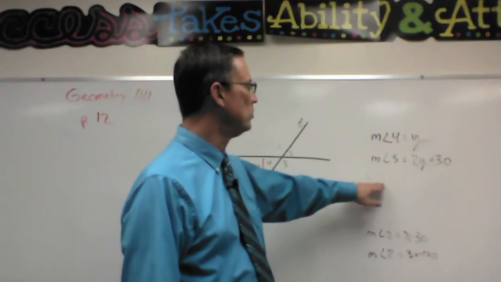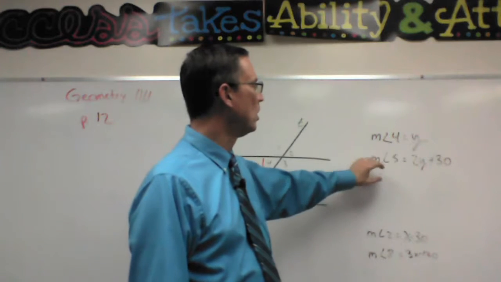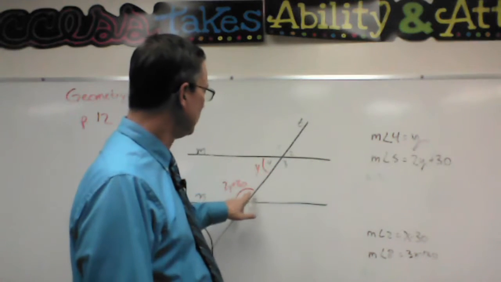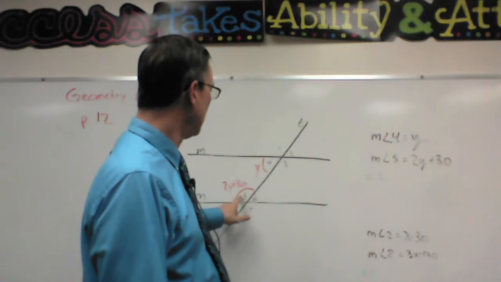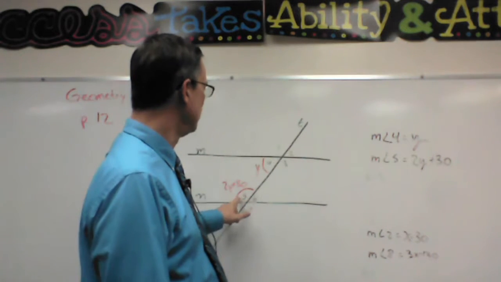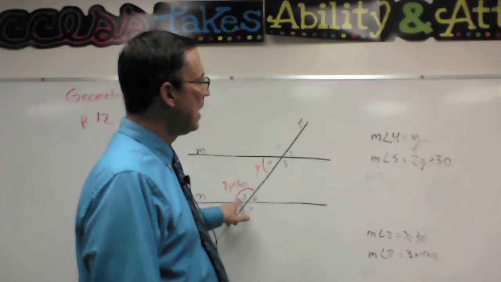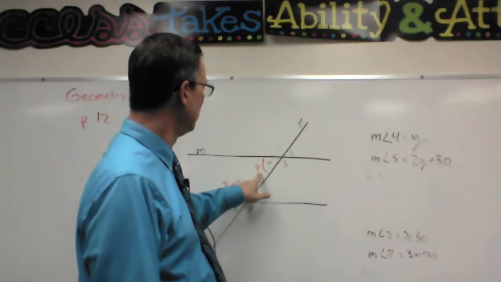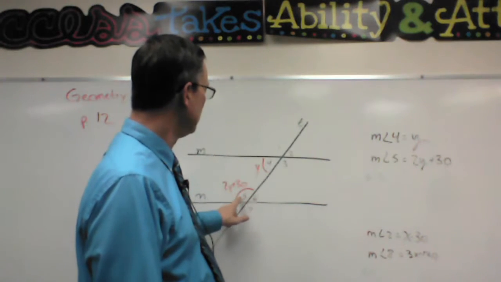If we use theorem 12, and we know that these two angles are supplementary, isn't that what we just talked about? If they are the two interior angles on the same side of the transversal, then they are supplementary. We have a variable for this one, the same variable y, but 2y plus 30 for this one.